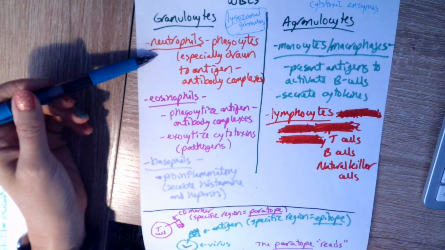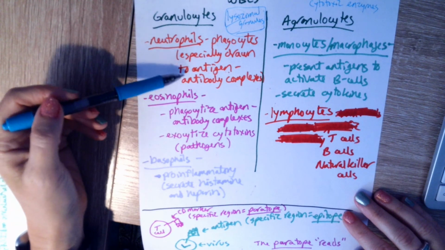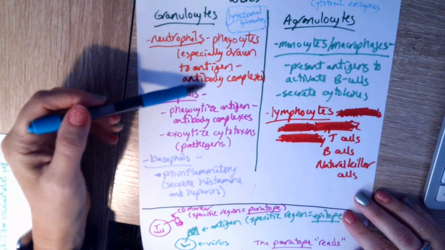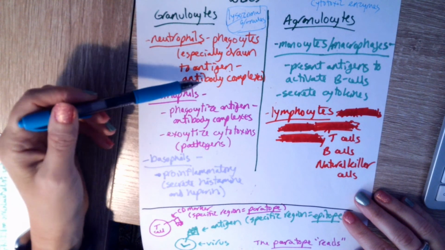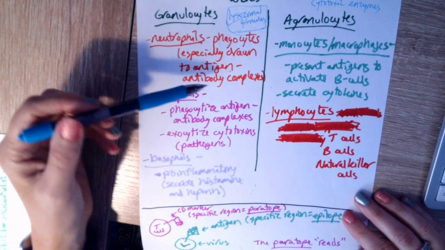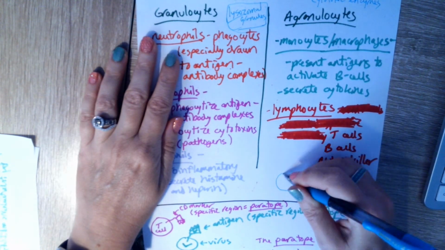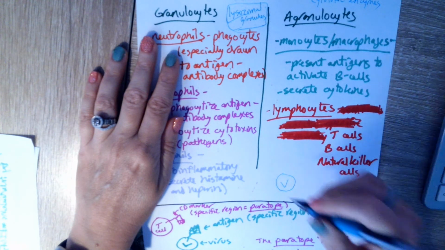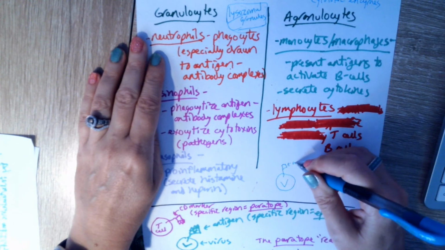They're the first to a sign of invasion, and they are particularly drawn to phagocytize antigen-antibody complexes. What an antigen-antibody complex means is that you have a cell, here's a virus right here, so V for virus, and it has a name tag on it. That name tag is called the antigen.